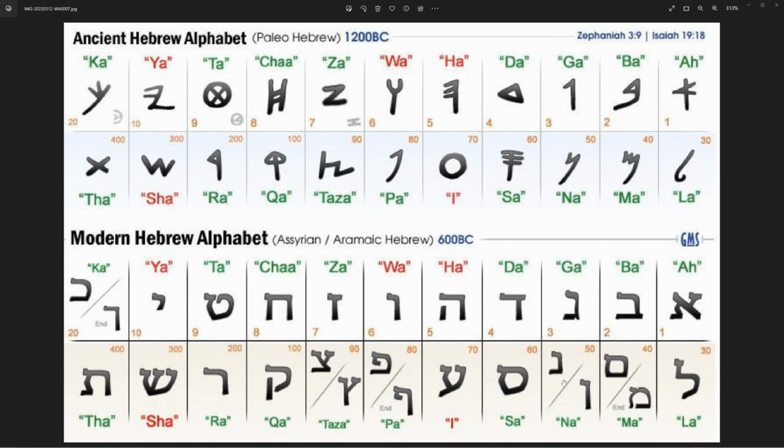Same thing for na: beginning and middle of a word, and then you will use this to form the last character of a word. Same thing for pa and taza. You have beginning, middle, and the character you would use for the end of a word. So it's pretty much straightforward, pretty simple.